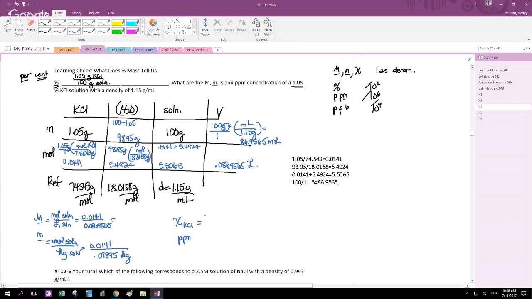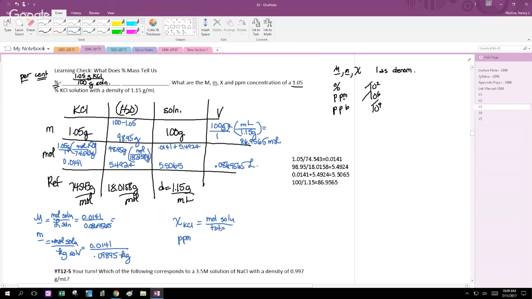How do I set up my mole fraction? Absolutely.